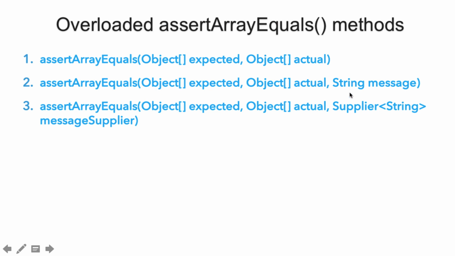The only advantage of using this Supplier functional interface instead of a string is that the Supplier evaluates to a string only when the test case fails. But the string is always evaluated whether the test case fails or not.